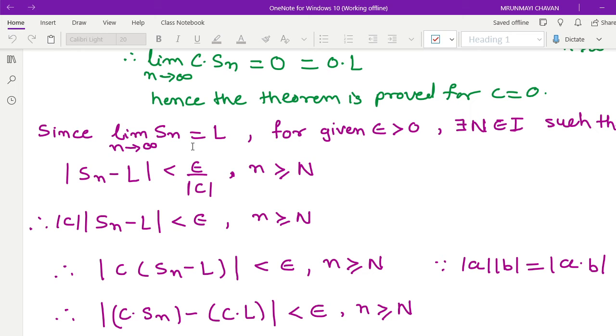The limit of Sn is equal to L, therefore for given epsilon greater than 0 there exists capital N such that mod Sn minus L is less than, for our convenience, epsilon upon mod C, for n greater than or equal to capital N. That is, for given epsilon there exists capital N such that mod Sn minus L is less than epsilon upon mod C for all n greater than or equal to capital N.